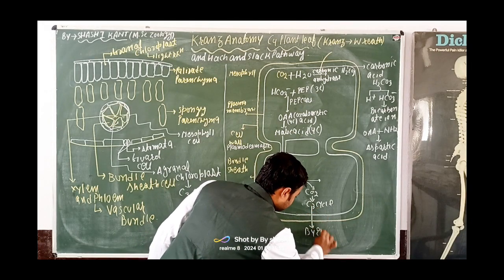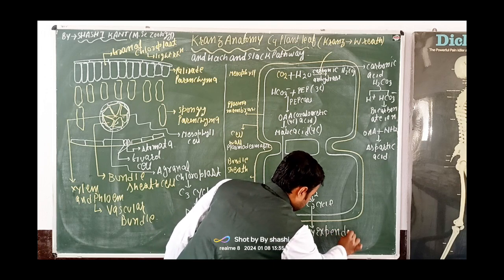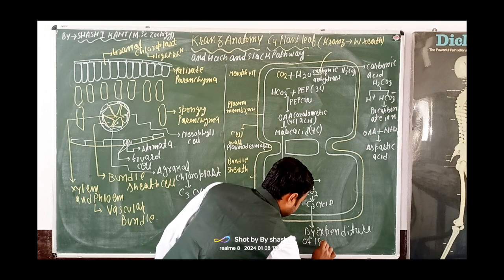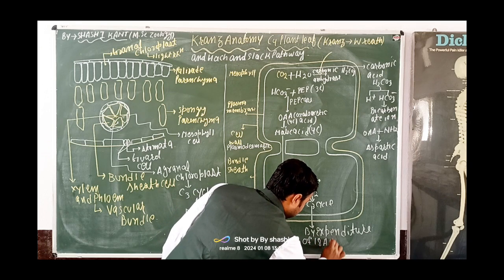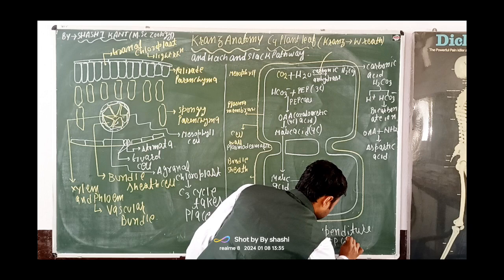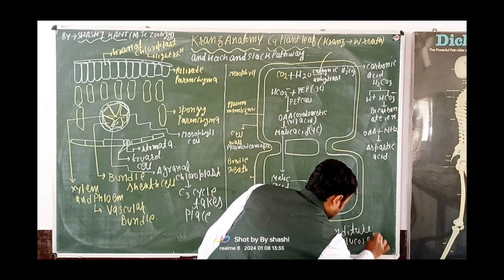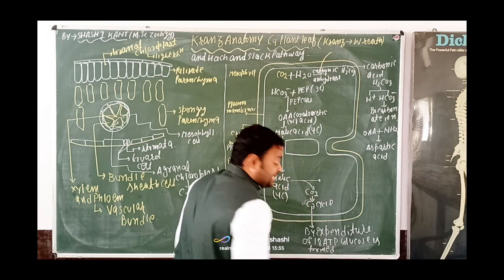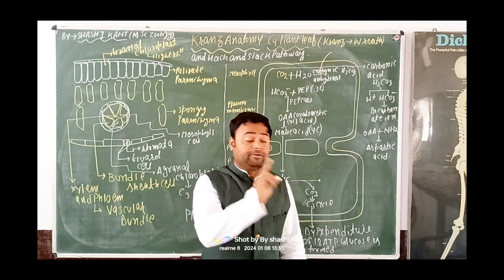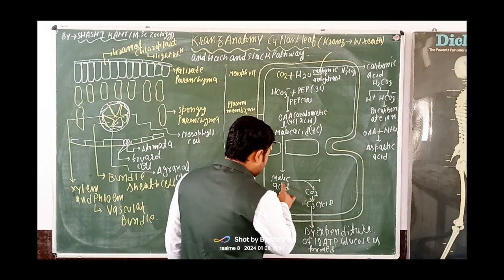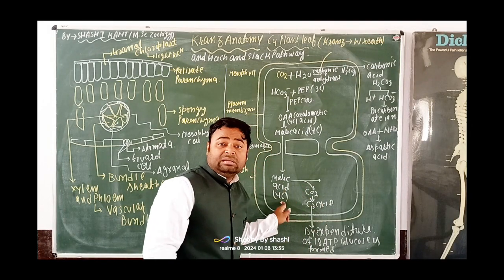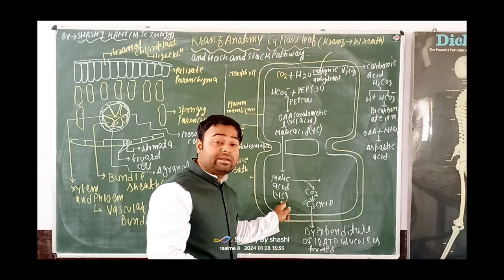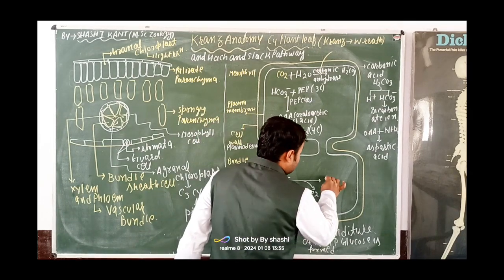By expenditure of 18 ATP, glucose is formed. So, when one carbon is excreted out in the form of carbon dioxide, how many carbons are left here? 3.